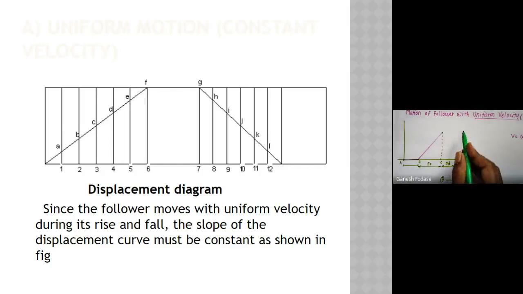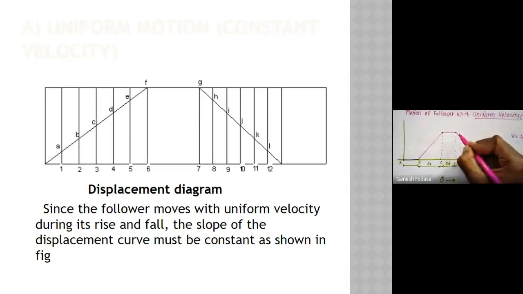So during this period, how much displacement of the follower is there? The follower rises, it remains stationary. So there is no displacement, it is zero displacement. So it remains stationary here. This one is dwell, and it returns back to zero displacement.